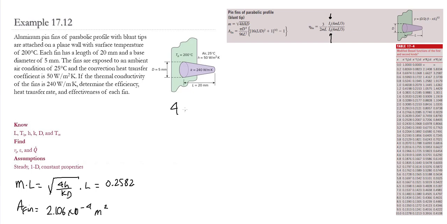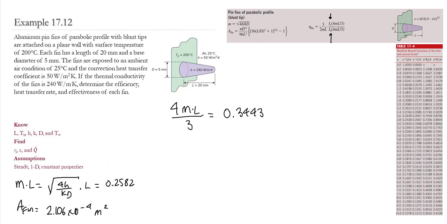We have 4m times L divided by 3. We substitute the value that we got for m times L, and we see that that constant is equal to 0.3443.